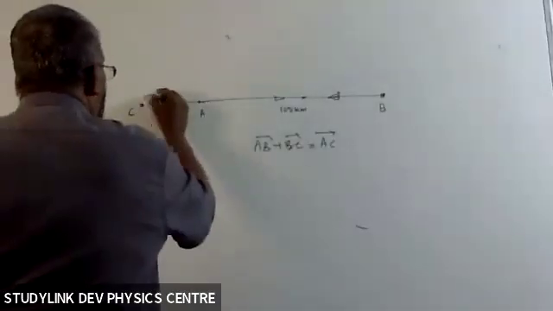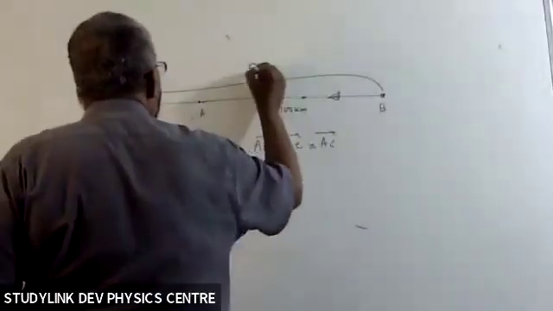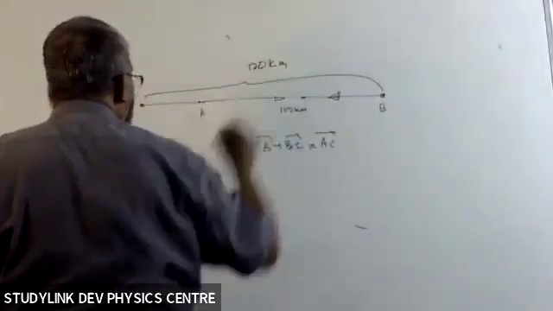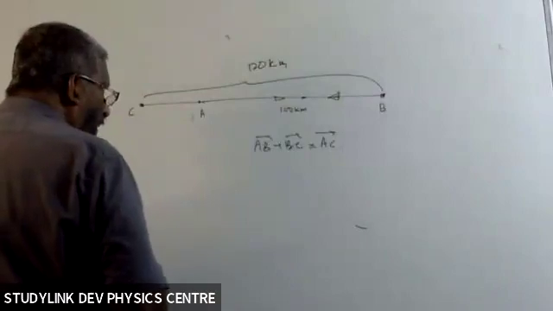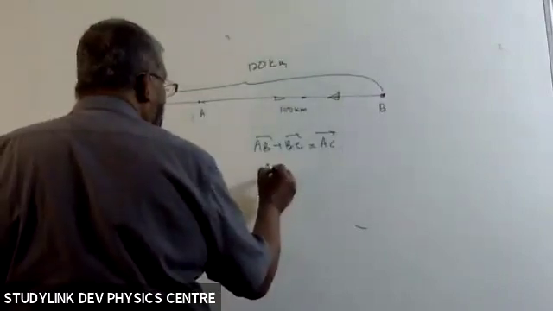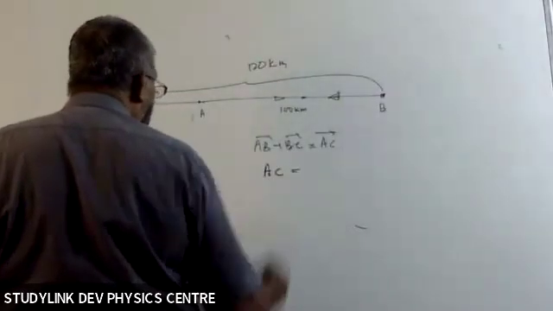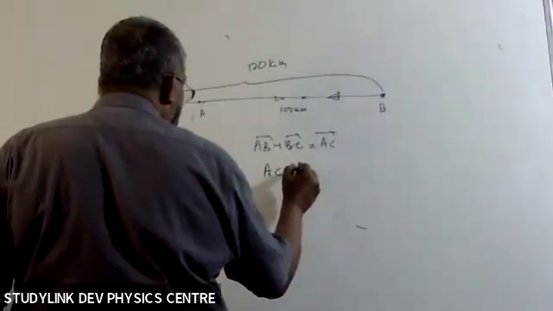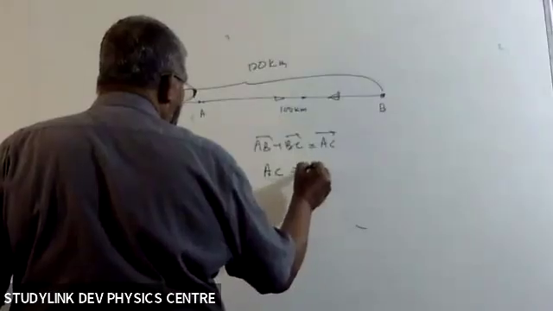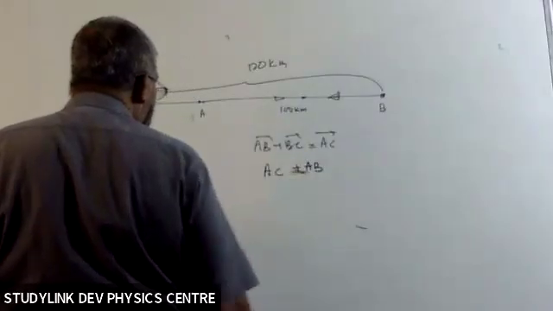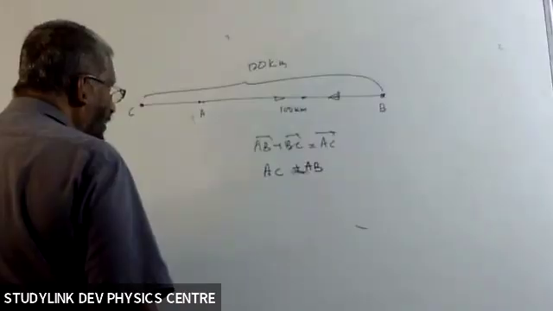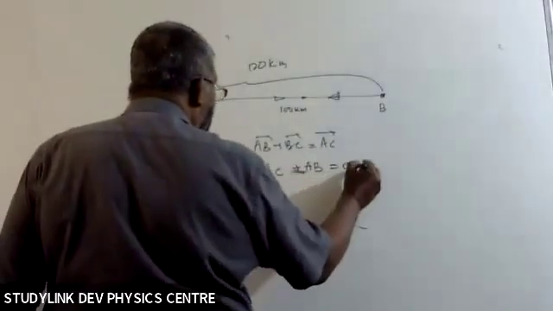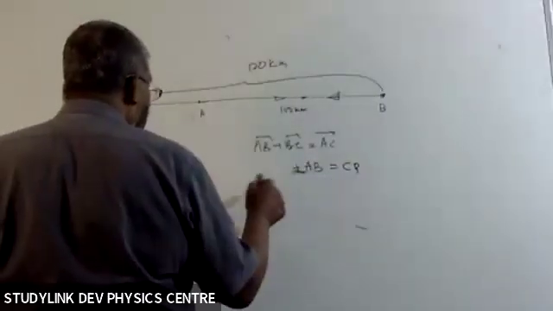Altogether 120 kilometers. Then vector AC we want to find. AC plus AB is equal to CB. AC means CA.